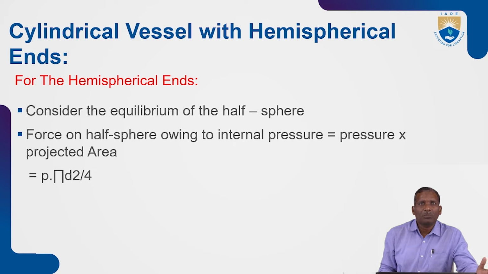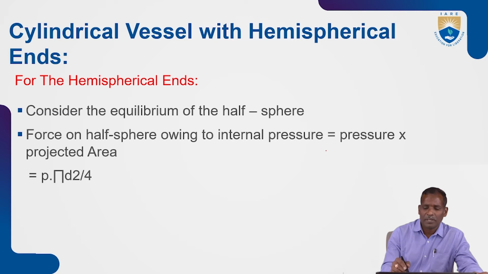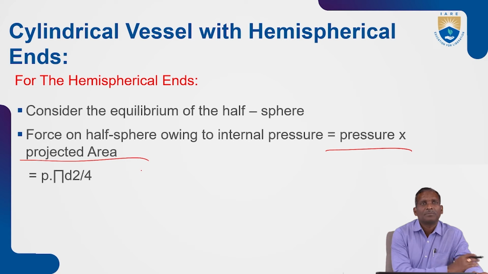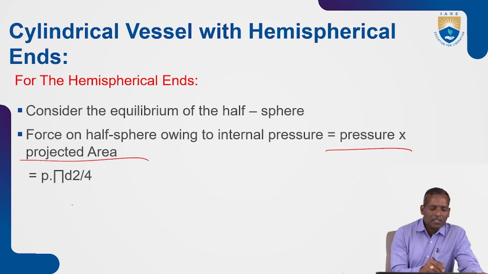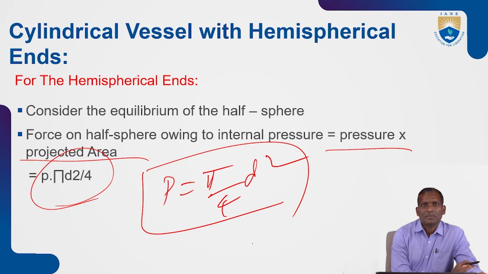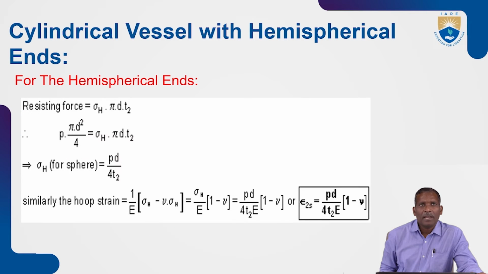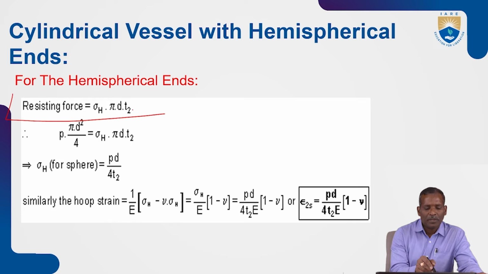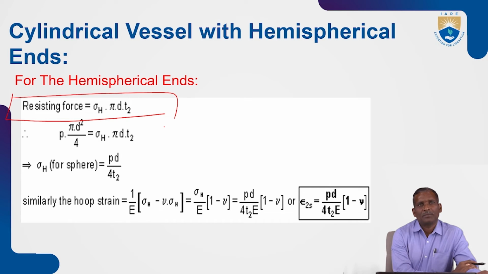Consider the equilibrium of the half sphere. The force on the half sphere owing to internal pressure is equal to pressure multiplied by projected area. The projected area is pi by 4 into d square. Then the resisting force is stress multiplied by area, where the area is pi d into T2.